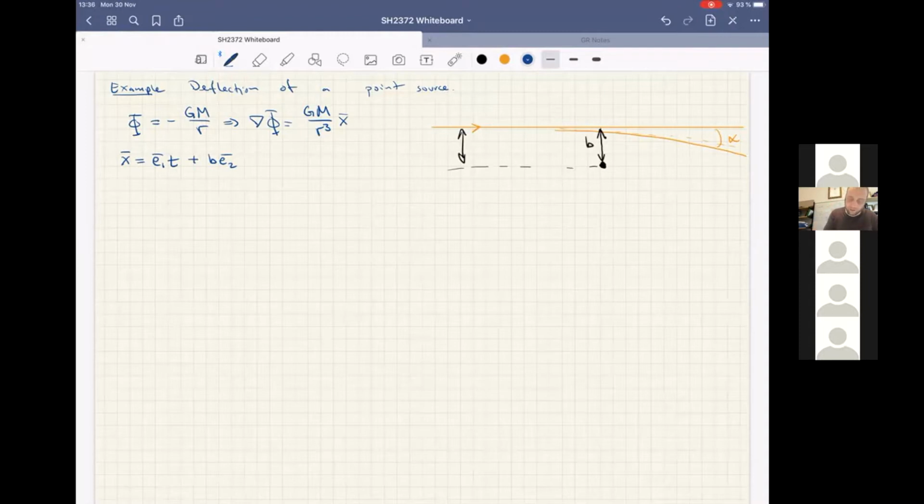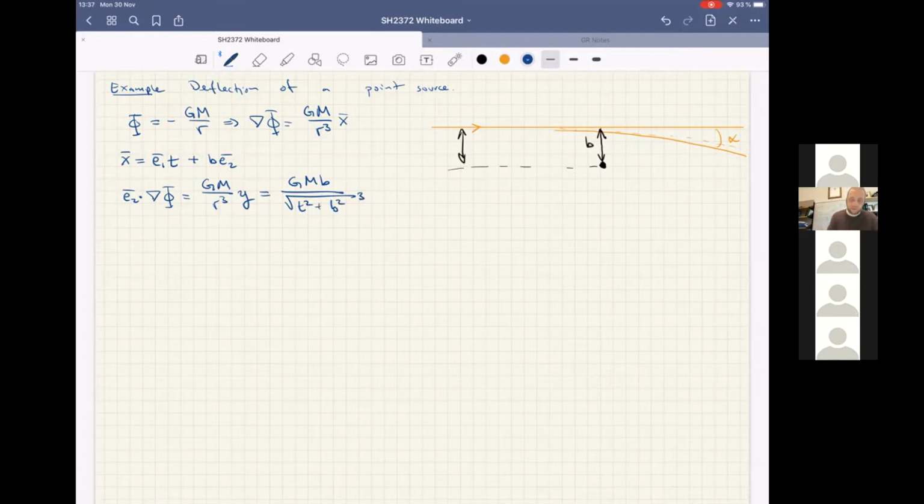So if we insert this into the gradient here, what we get for the second component, so if I take e2 inner product with the gradient of phi, I end up with GM over r cubed times y, which if I insert this expression turns into GM b divided by the square root of t squared plus b squared to the power of 3.